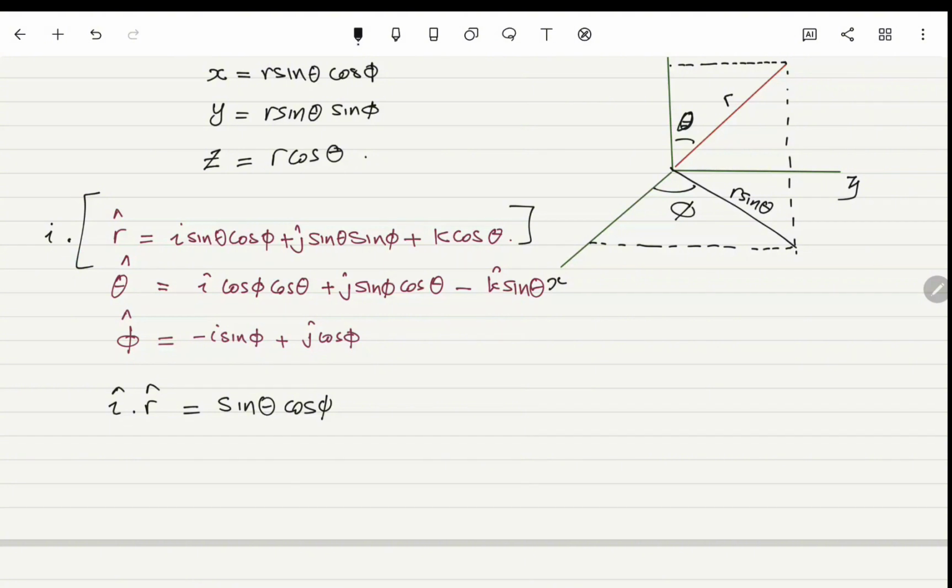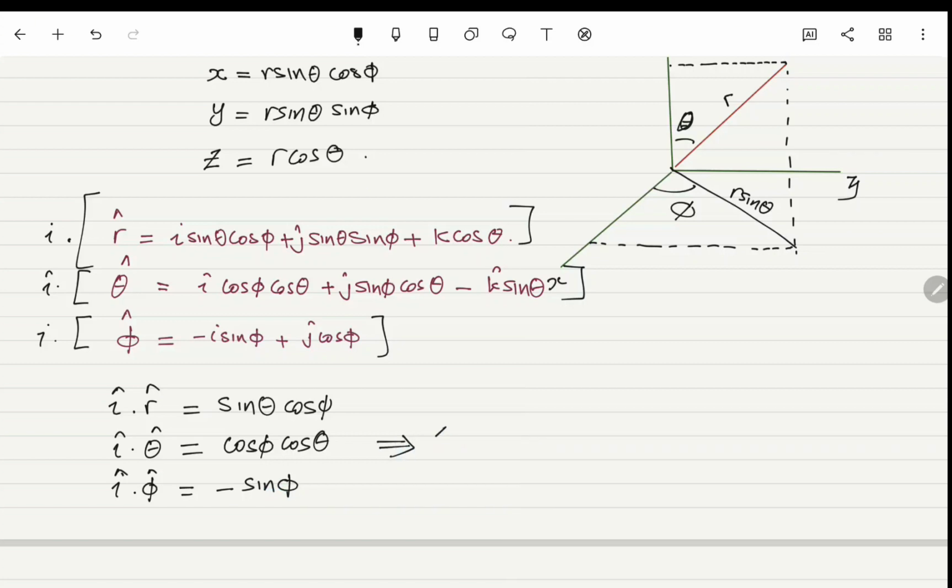Now repeat the same procedure and dot product the second equation with I hat, again, you will get I hat dot theta hat. It will be, in this case, cosine phi cosine theta. And if we dot product the third equation with I, in this case, you will get I hat dot phi hat equal to minus sine phi.